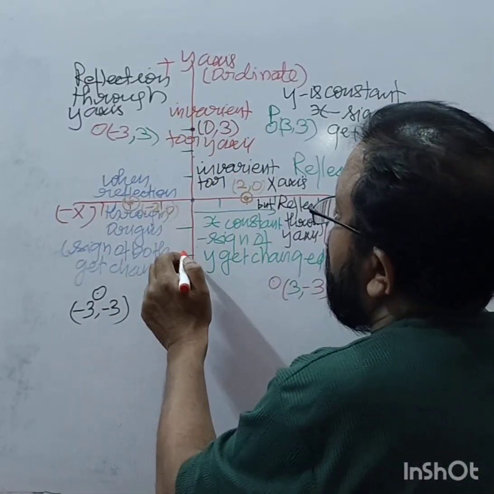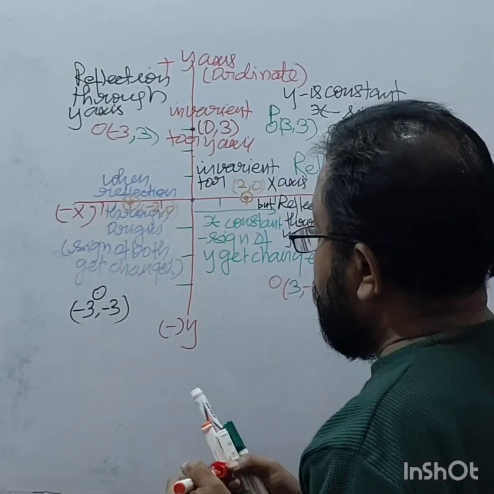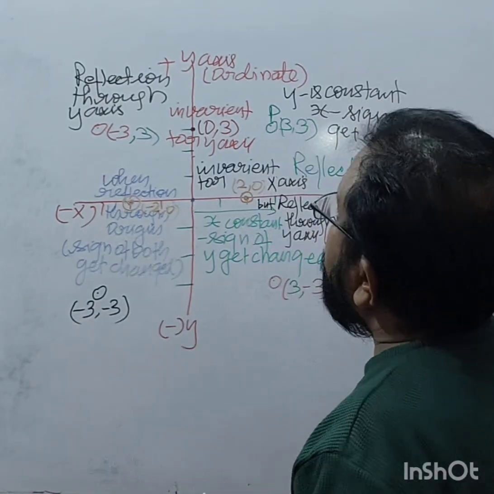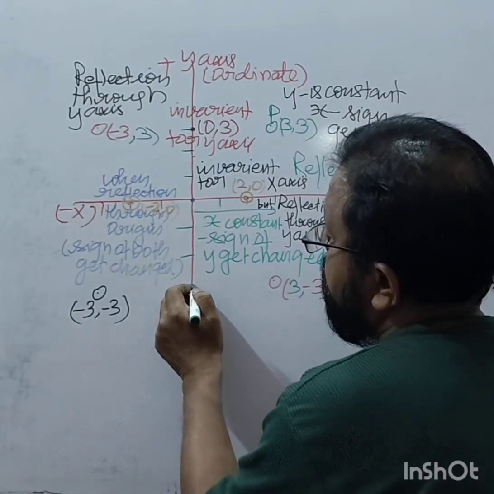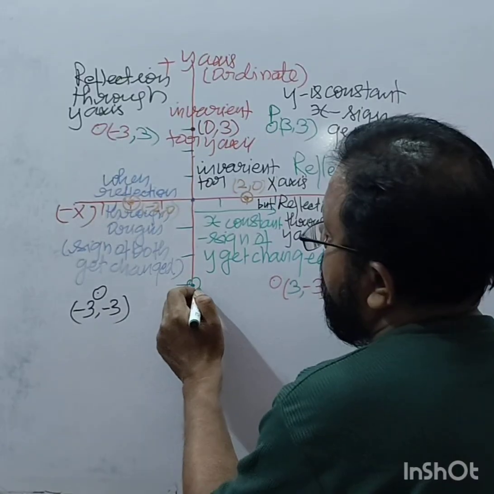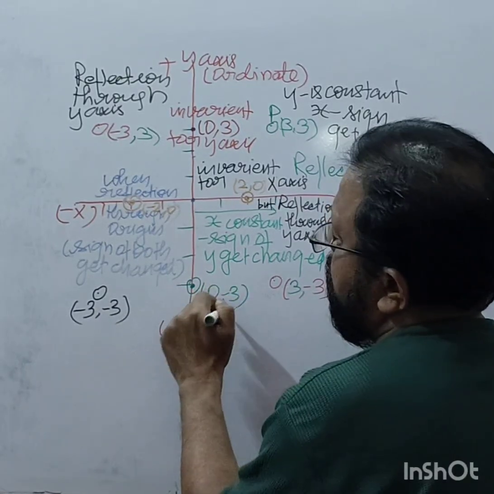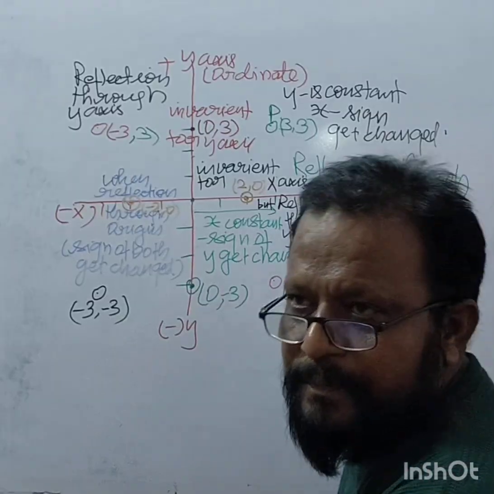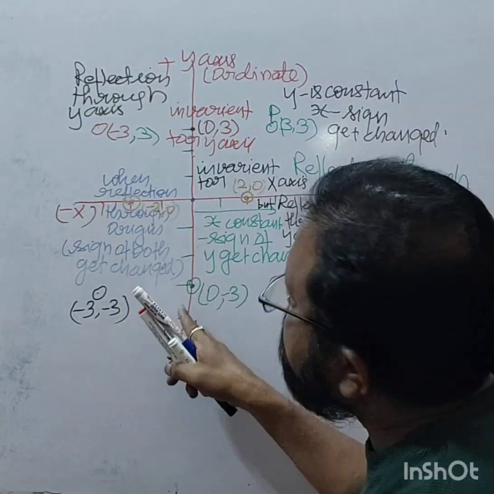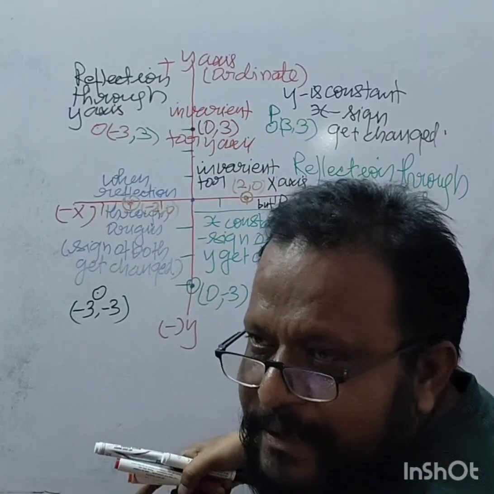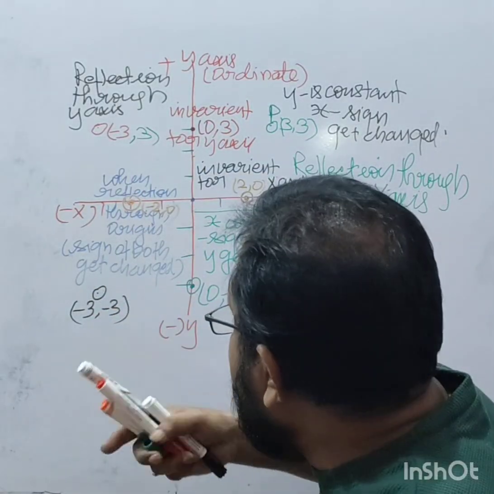But it can come here, and it can be written as 0, -3, right? In the x-axis, x is constant, but the sign of y gets changed.